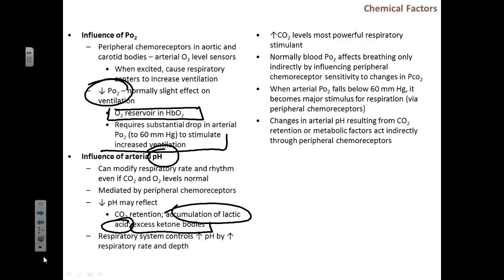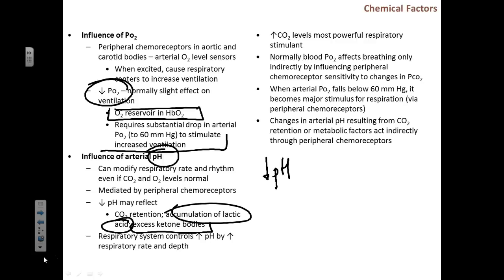Does that make sense? When you see someone with ketoacidosis, this person is likely to develop rapid, deep breath, trying to compensate for drop in pH by exhaling CO2. We can present it like this.